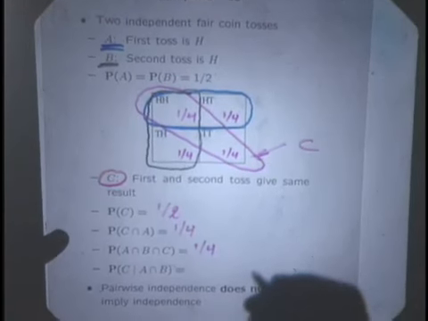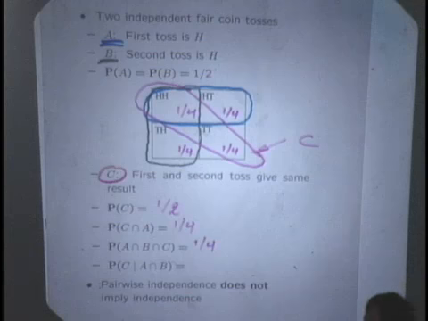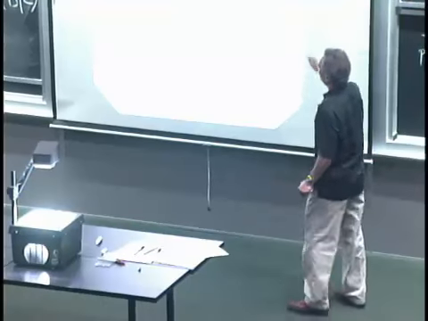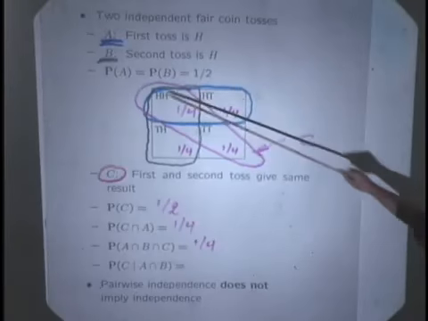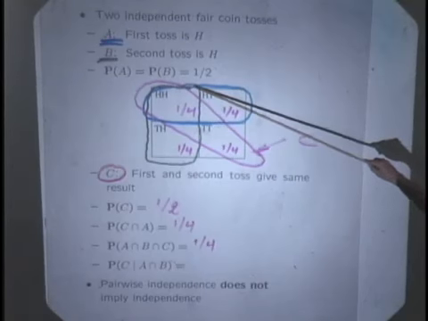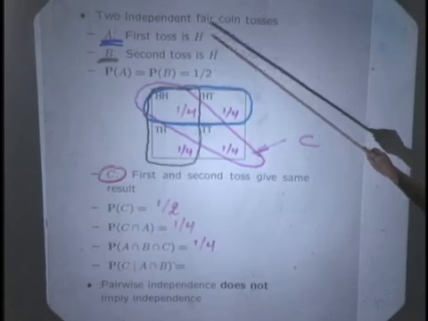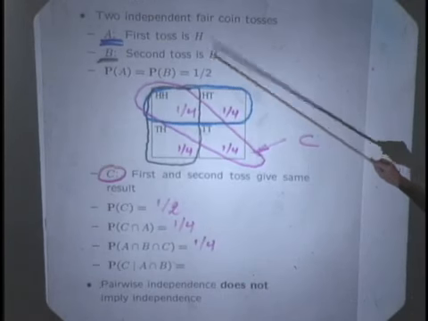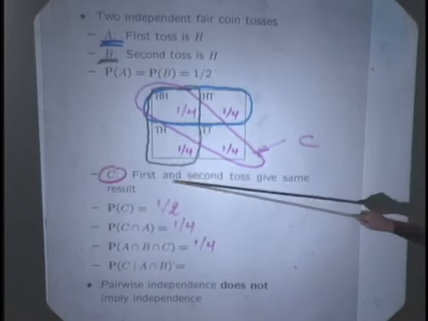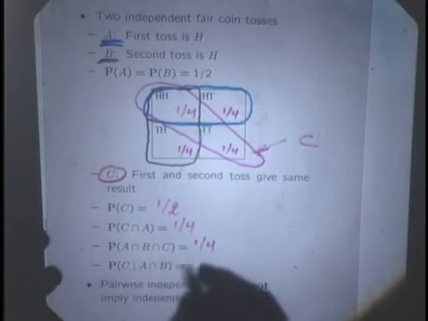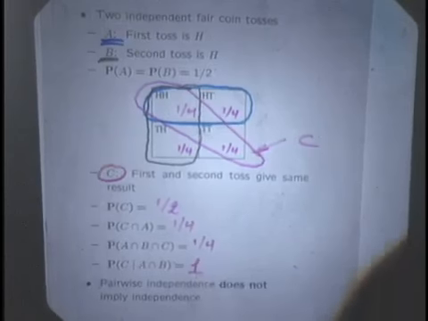Okay. So what's the probability of C given A and B? If A has occurred and B has occurred, you are certain that this outcome here happened. If the first toss is H and the second is H, then you're certain that the first and second toss gave the same result. So the conditional probability of C given A and B is equal to 1.